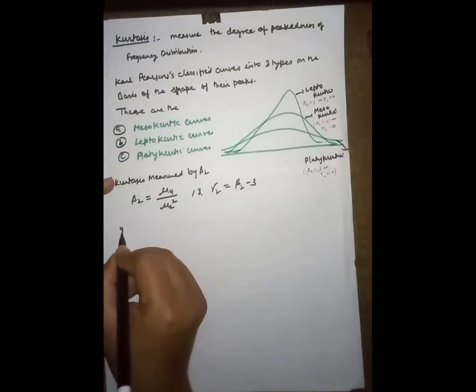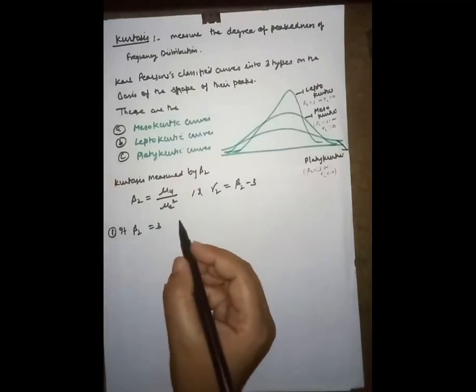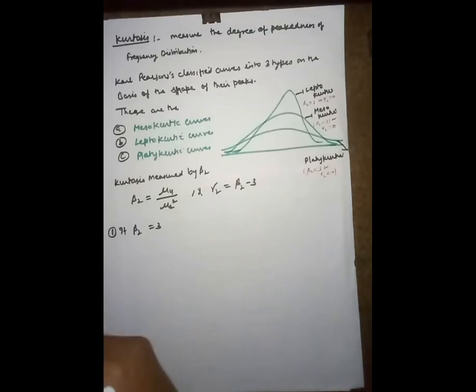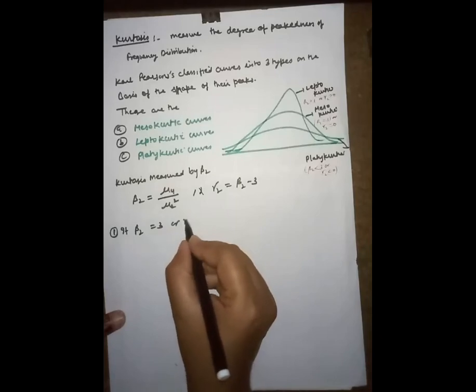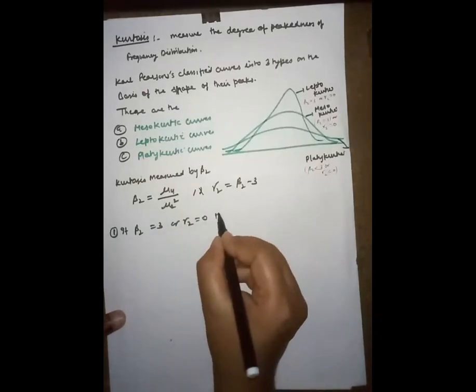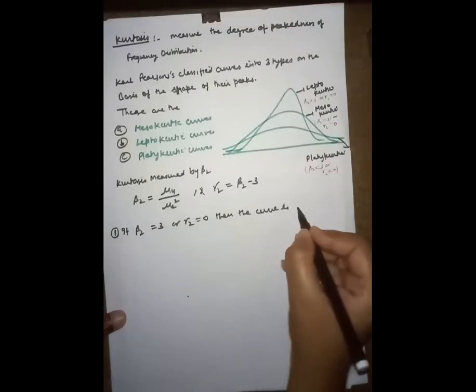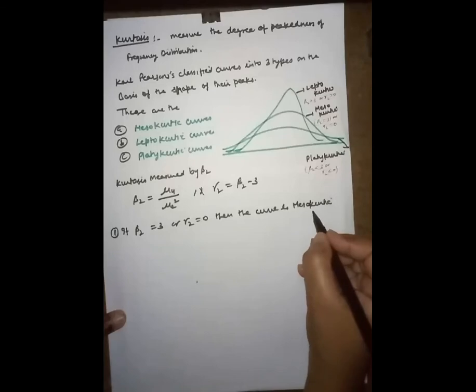If beta 2 equals 3, or gamma 2 equals 0, then the curve is a mesokurtic curve.